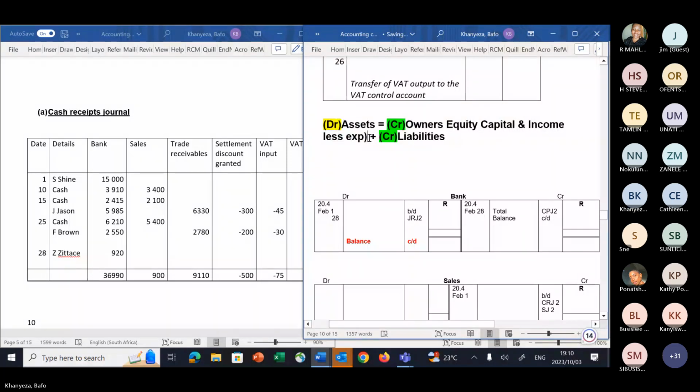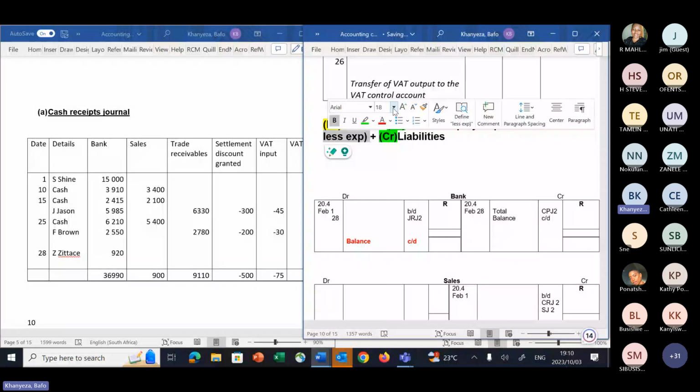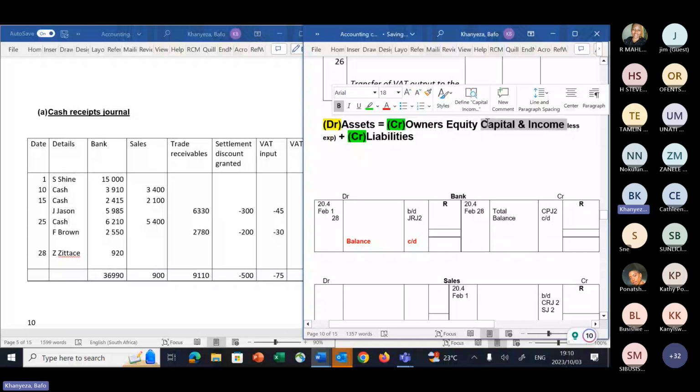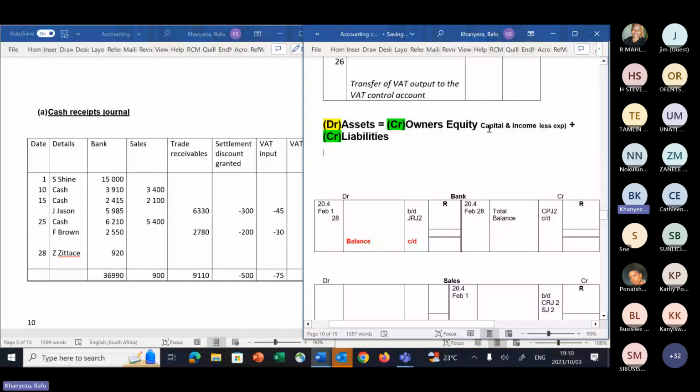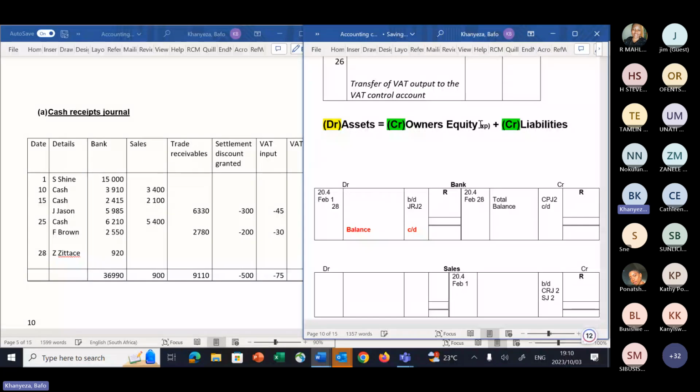When we debit and when we credit, where do we get that from? It's capital, the owner's wealth. So this is the accounting equation; so that you can see properly, let me remove this.